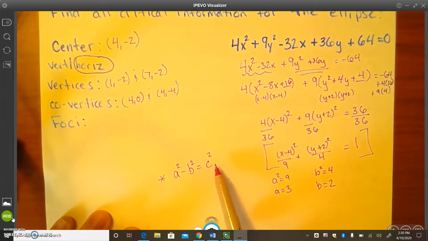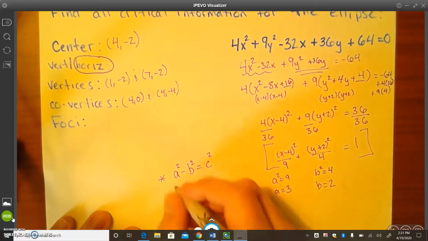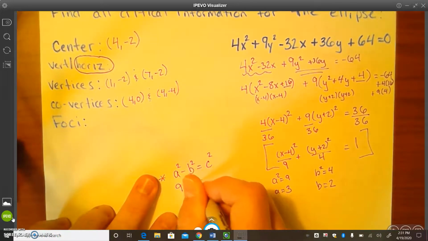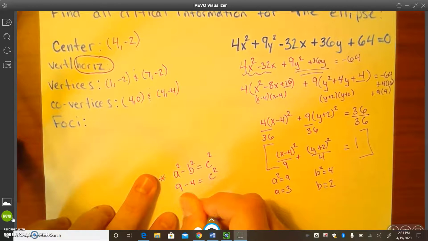It's not necessarily evident in your standard form. There's no c directly in this equation, but your a squared and your b squared are your 2 denominators. So in this case, you're simply going to subtract them. So 9 minus 4 equals c squared. So c squared equals 5. So c is radical 5.